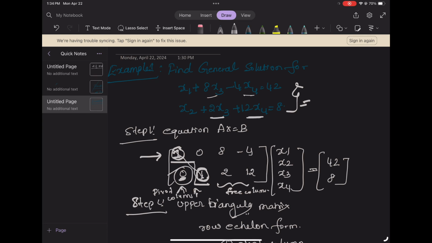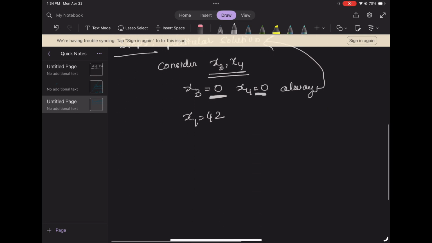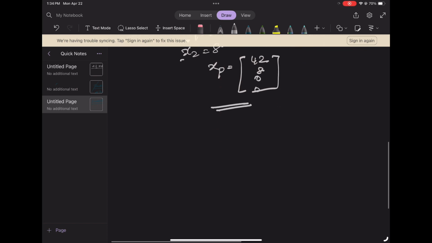In the second equation, x3 and x4 are again 0, so x2 is equal to 8. So can I write the matrix now? For the particular solution, xp is x1 = 42, x2 = 8, x3 = 0, x4 = 0.